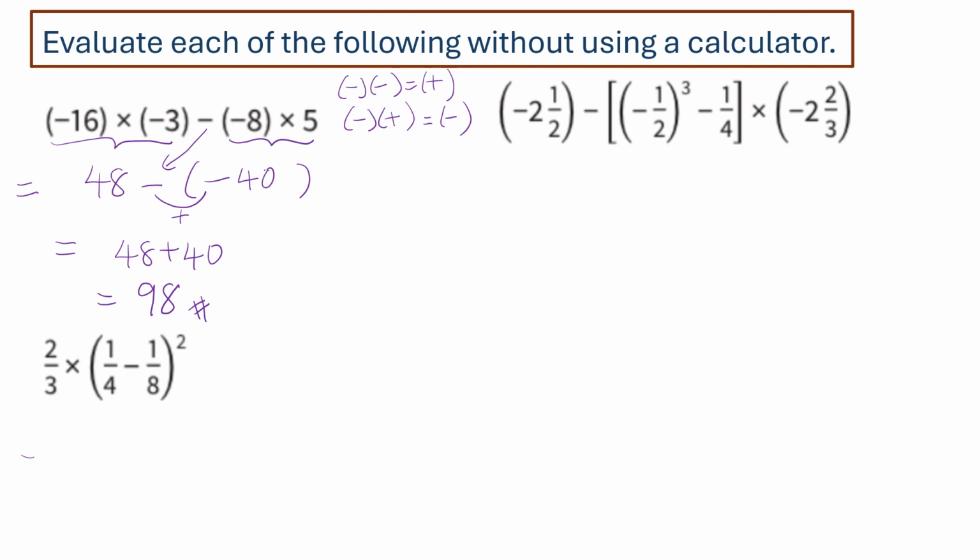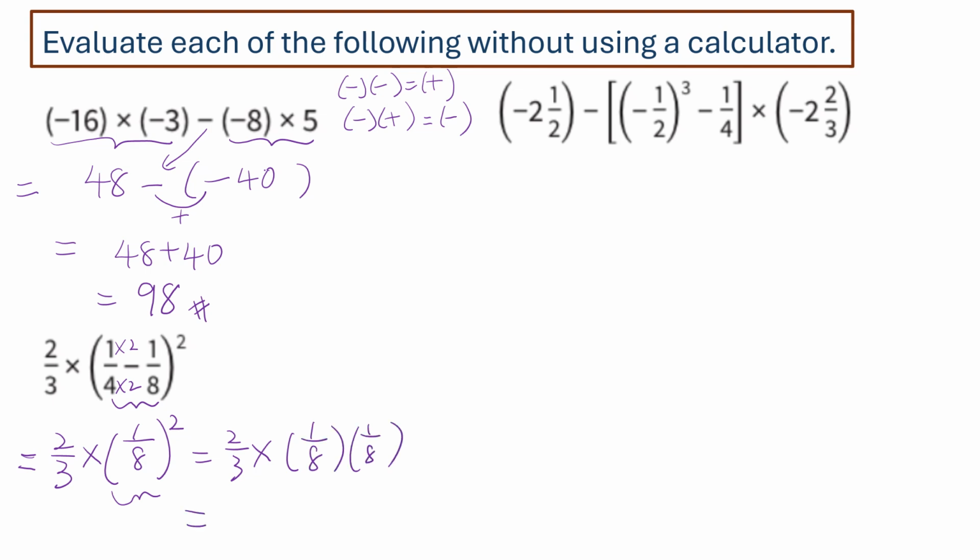All right, so we will leave 2/3 alone first, and we have to work out the ones in the bracket. So we're going to find the lowest common multiple for 4 and 8, and that is 8. So that will give us 2 minus 1, 1/8. All right, and then next step is I need to work out the one in the bracket again. That is 1/8 times another 1/8.